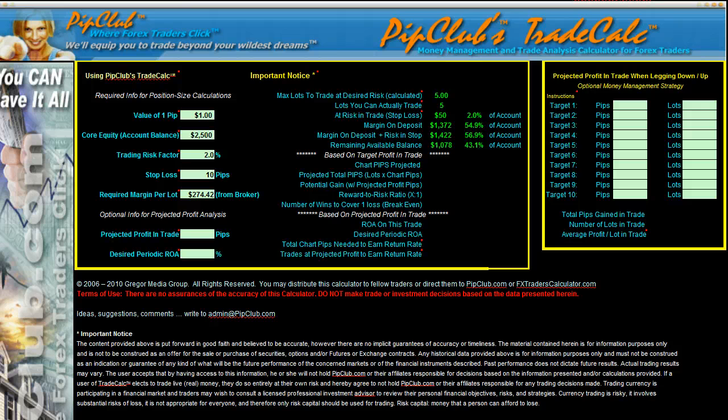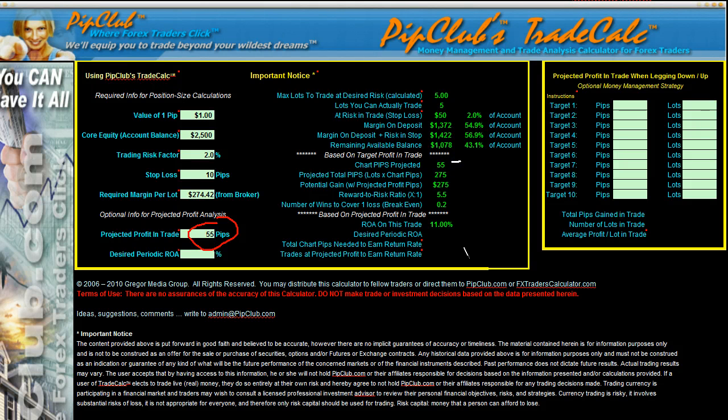TradeCalc also has a few other things that we can do. Let's say we're projecting that we're going to make, let's say 55 pips in a trade. So I just entered that right here. And if we enter that information, then TradeCalc will produce some profit and performance information.